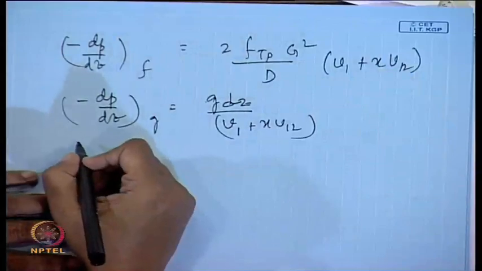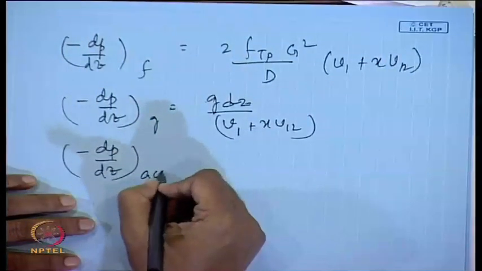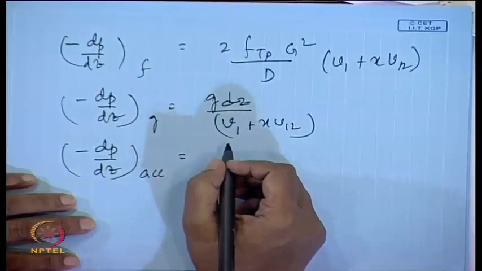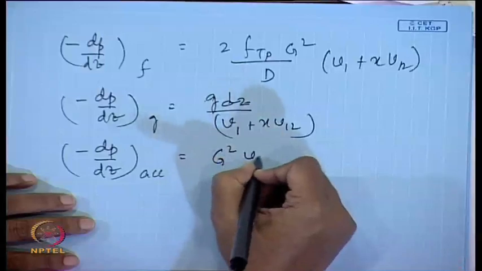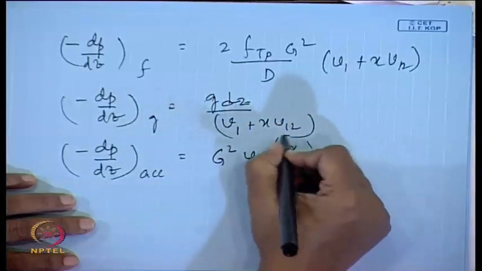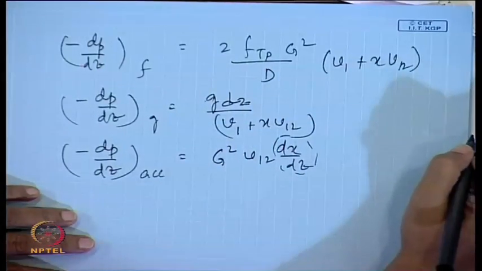And what about your acceleration pressure gradient? Your acceleration pressure gradient, you can obtain it as G square V 1 2 dx dz, where you know that this particular dx dz is linear, which I have already mentioned.